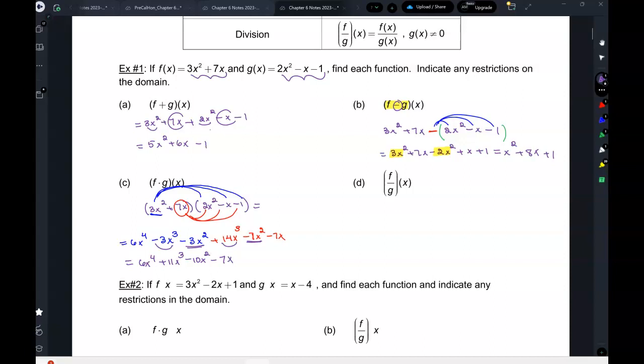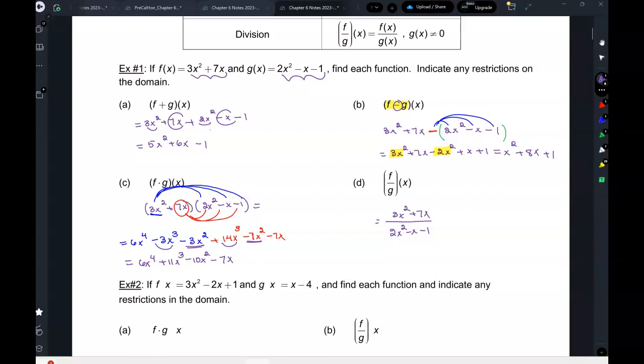Okay, the next one is f over g of x. F over g of x means I take f of x and I take g of x. Okay, that's it.